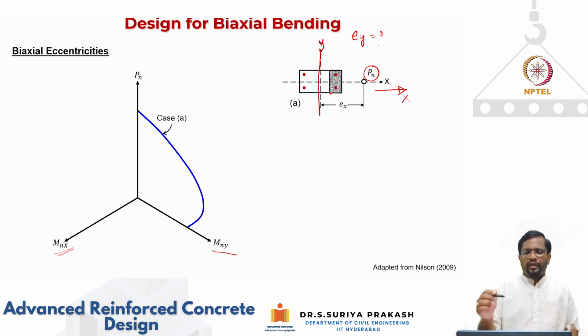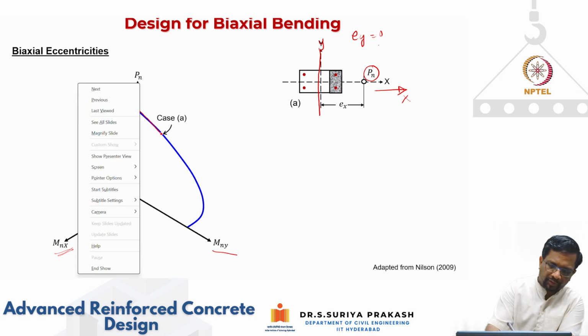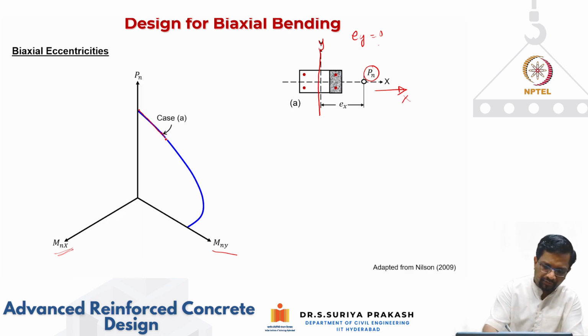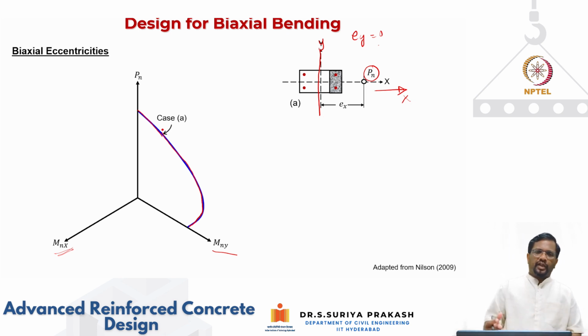You have only P and My. So we can get this capacity curve like this, like what we have discussed in the last class, right? So this is the case, which is only a special case of a biaxial bending case. And how do you find this?